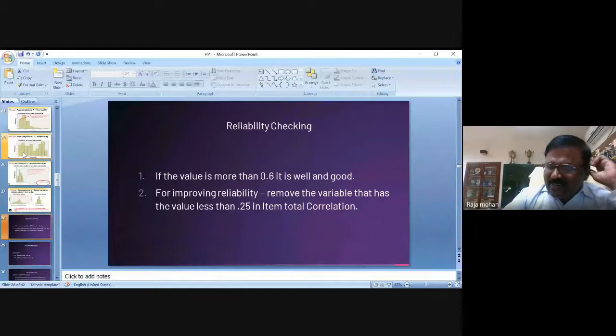Now, for the questionnaire we are preparing, I wanted to say one thing. I was an examiner for different PhD work, and there I found that we have to fix the intervals properly. Even people are making mistakes on that.